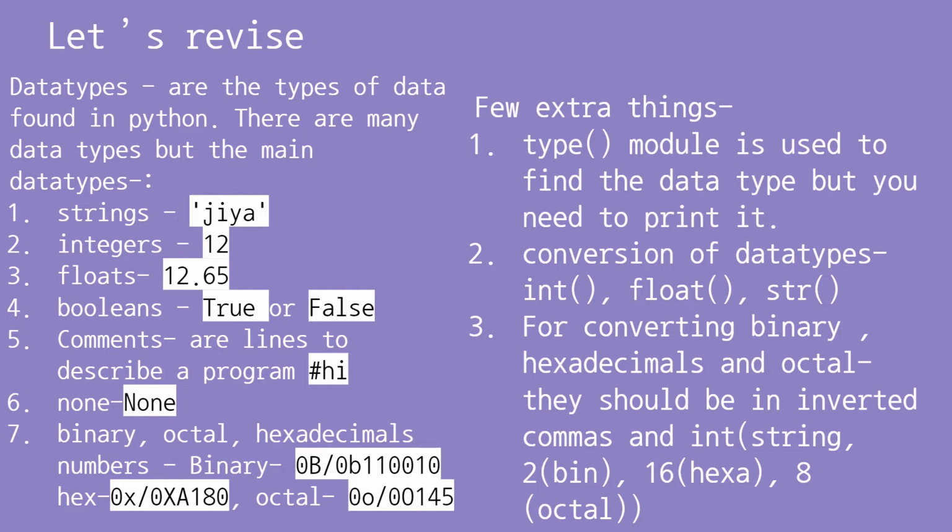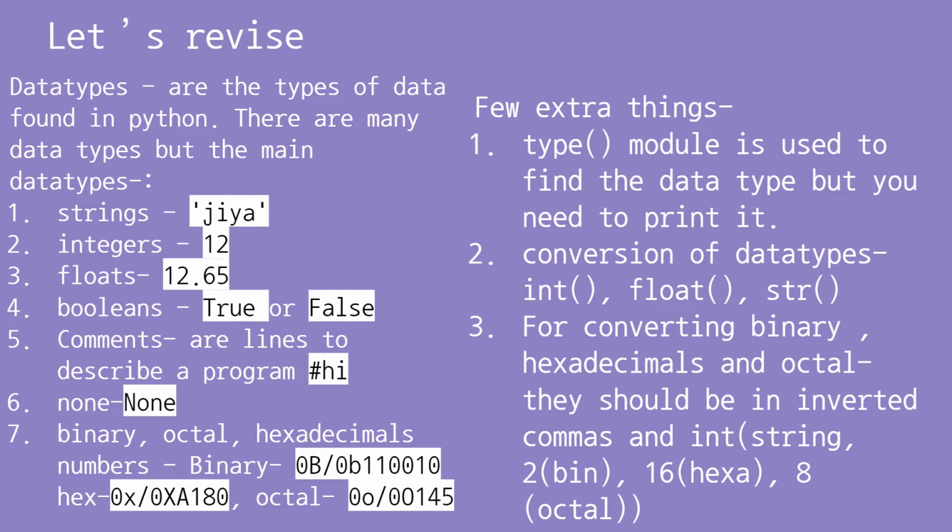A few extra things that we have learned in this concept. Type. The type function is used to find the data type, but you need to print it to see what data type it is. Conversion of data types. These include integers, floats, and strings.